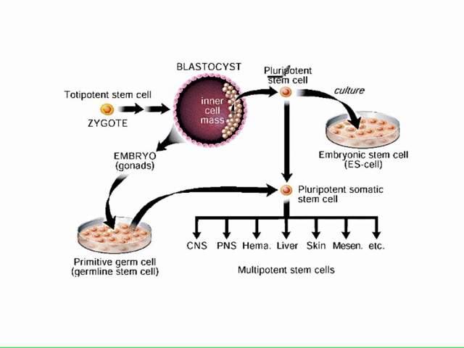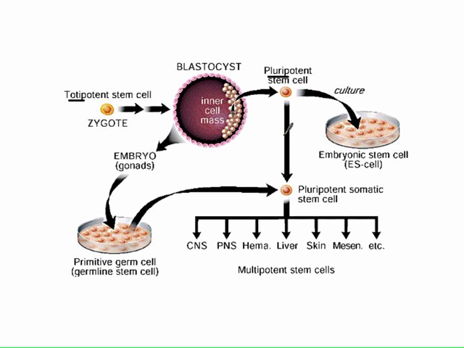Pluri means they can become many different types of cells. The zygote is actually totipotent. Toti means it can become any type of cell that is either in the organism or helps the organism develop. The stem cells inside the blastocyst can only become part of the organism.